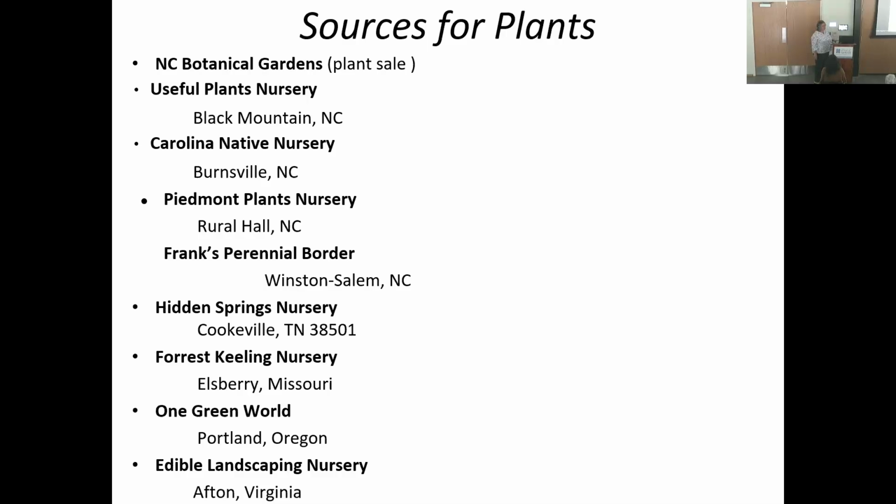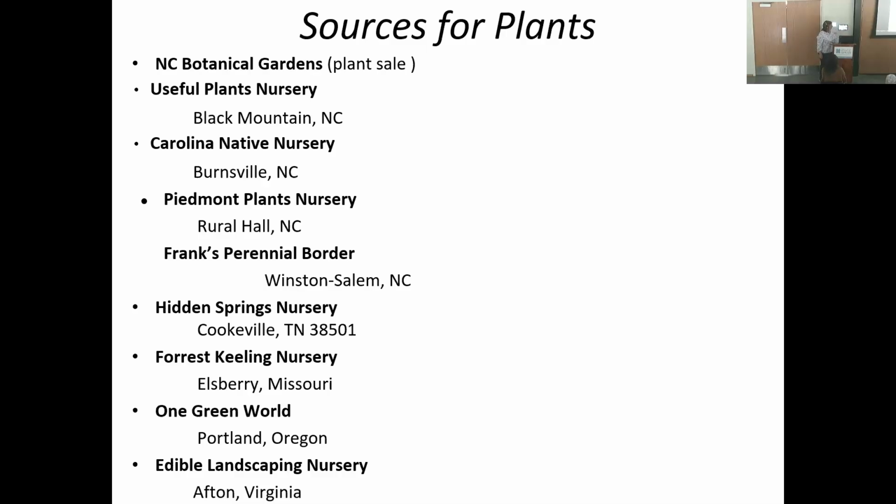They don't do any mail order. And then Piedmont Plants Nursery is a new small nursery in the Winston-Salem area, as well as Frank's Perennial Border in Winston-Salem. And both of those have websites. You can go and look at their plant list and see what they have, which is useful. And they may be willing to do some shipping.